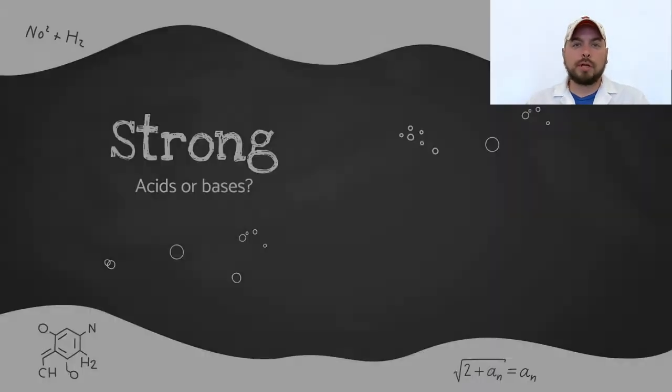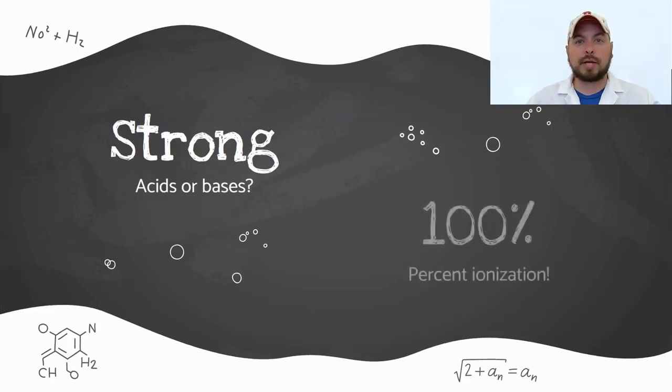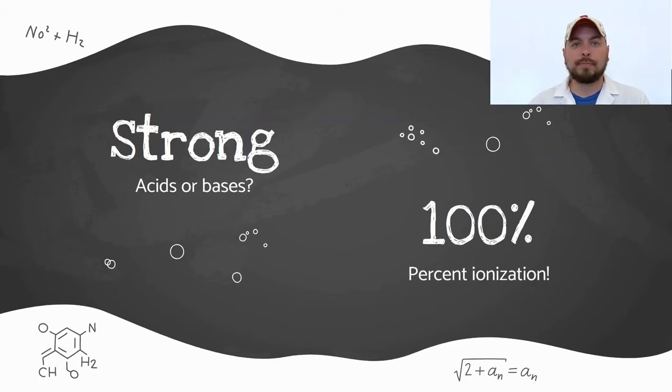It's important to note that we only use percent ionization in weak acids or weak bases, in the same way we only use Kas and Kbs in weak acids and weak bases, because strong acids and strong bases are considered to ionize 100%. So their percent ionization would be 100. Obviously, for weak acids and weak bases, it will be less than 100%.